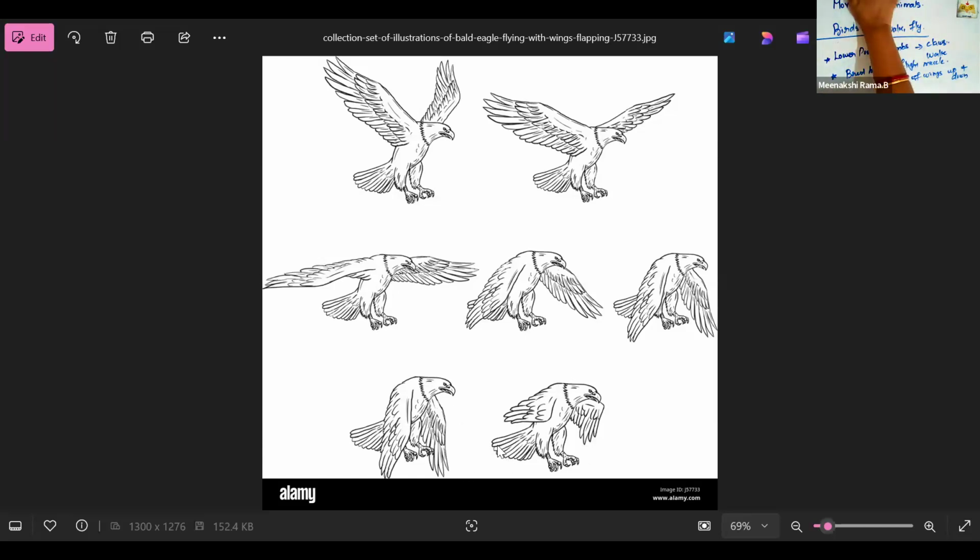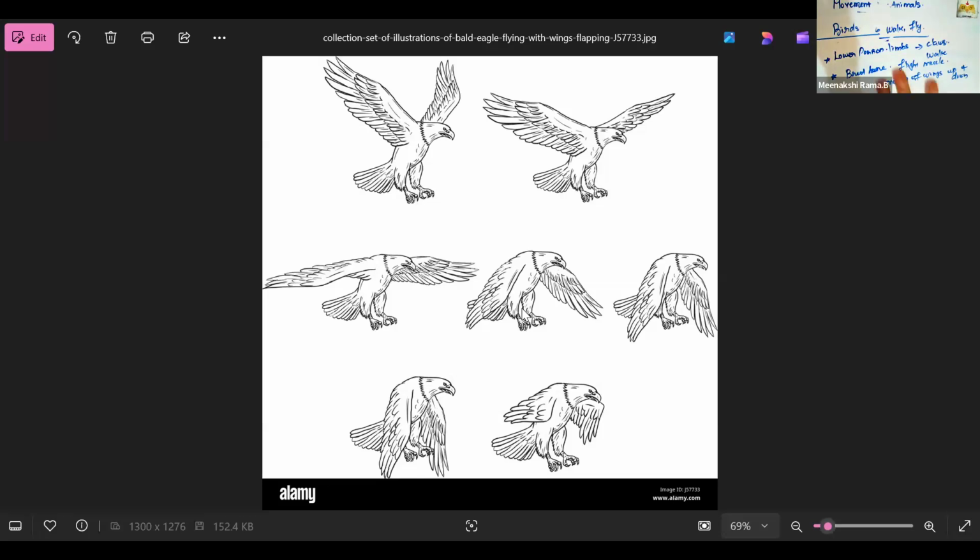This kind of action is called flapping. There are two types of flight: gliding and flapping. Gliding means the bird has its wings spread out and uses currents for going up and down.